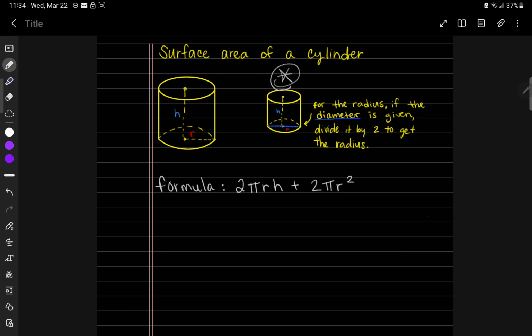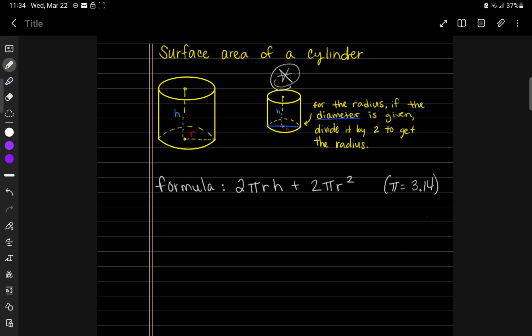For the worksheets, we're gonna leave pi as it is, but just a general rule, pi is usually represented with 3.14. And for your assignments, we're gonna keep the pi sign for the 2 shapes that we're gonna do.